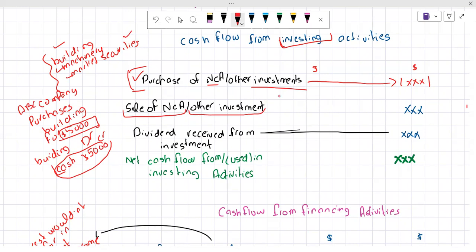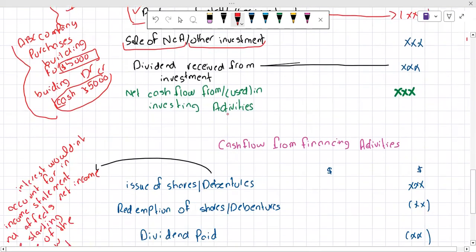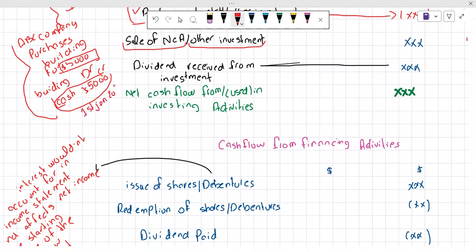How is that possible? Going with this example again, maybe we purchased this building on 1st January 2020, and after 5 years, in 2025, we are going to sell it. You purchased this building for $5,000, and of course it would depreciate.